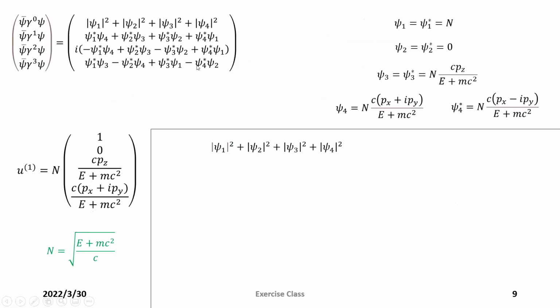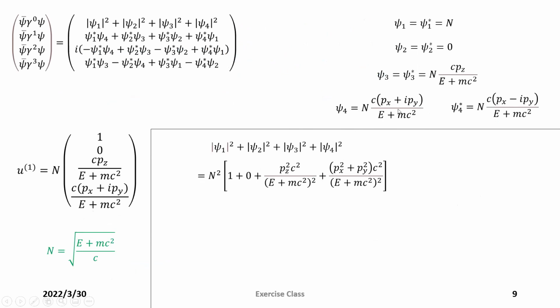And so let's consider the first component. We just simply substitute all these components here. For the first component it is n squared, and for the second one it is 0, and so on.